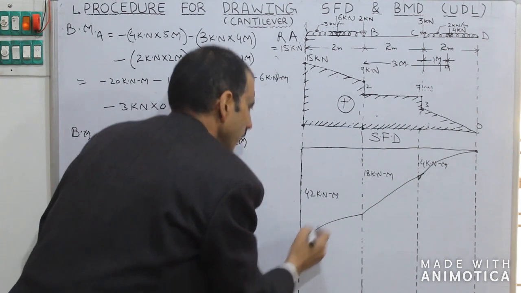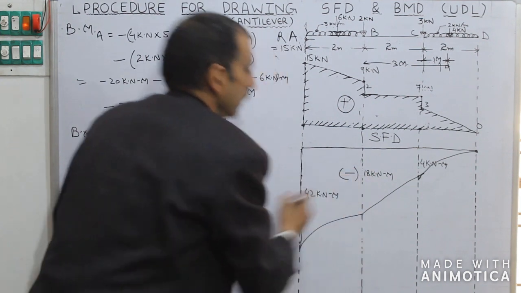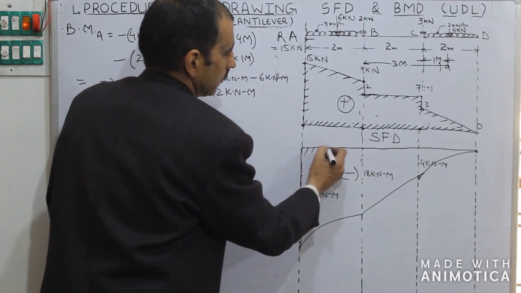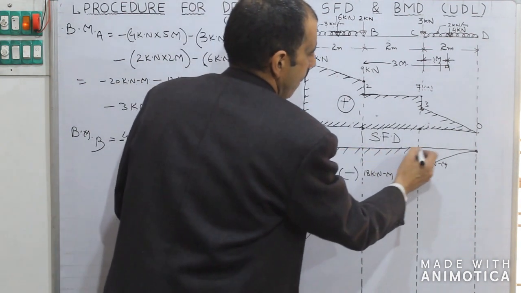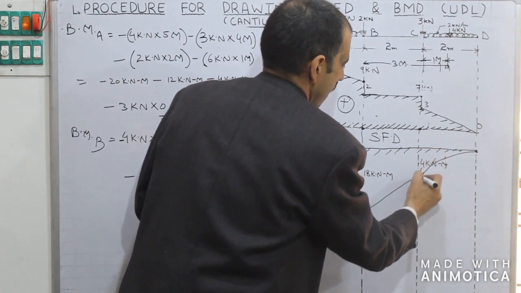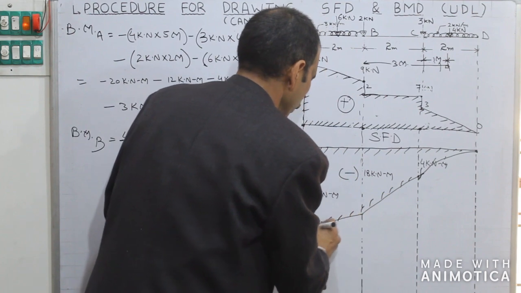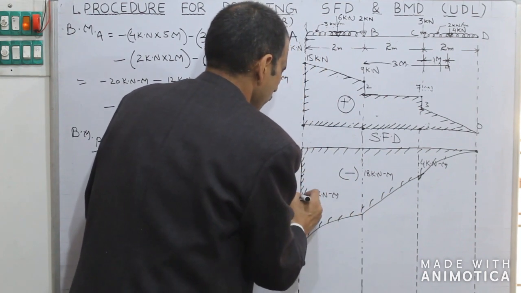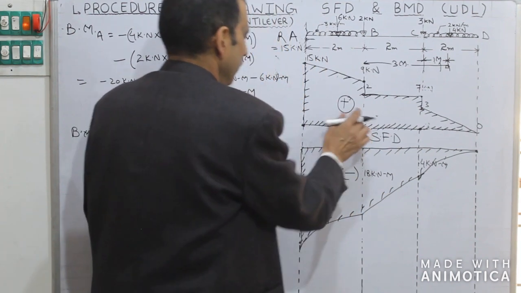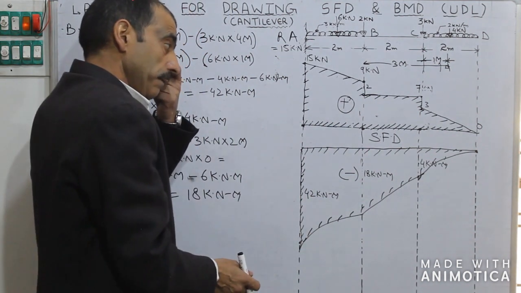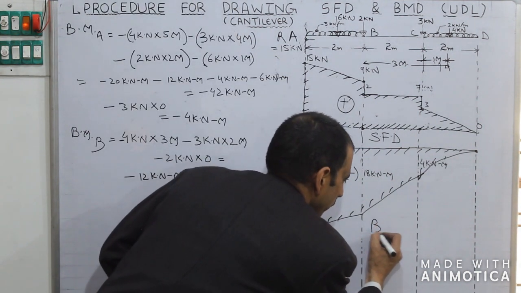This is the required bending moment diagram, with inner hatching. And you see that the bending moment is 0 at the free end and it is maximum at the fixed end. This is the bending moment diagram.